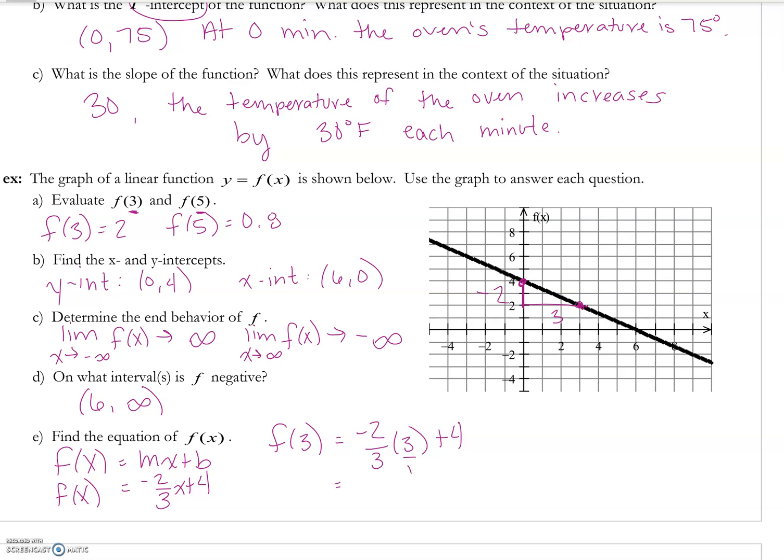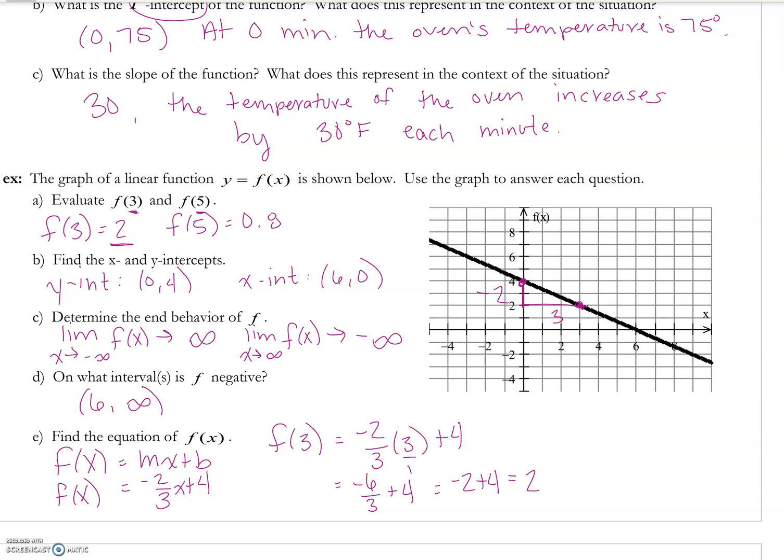Negative 2 times the top 3 is negative 6. 3 times 1 is 3. And I know that negative 6 over 3 reduces to negative 2 plus 4 reduces to positive 2, which happens to be what I got here when I looked at my graph.